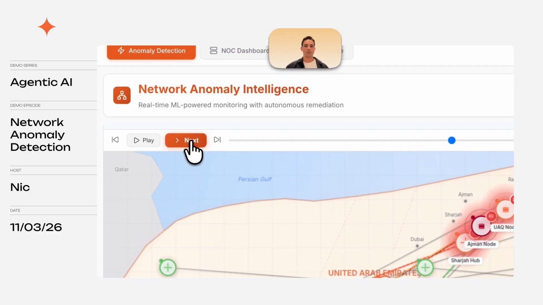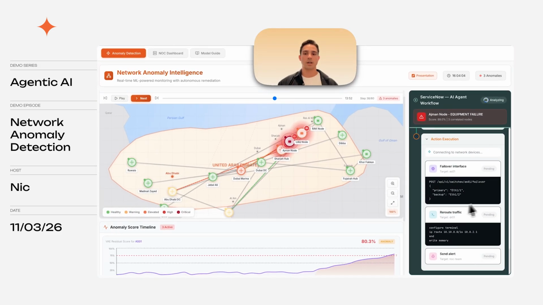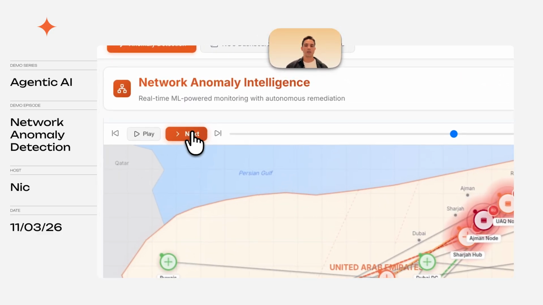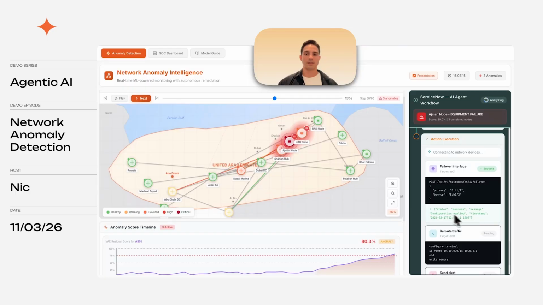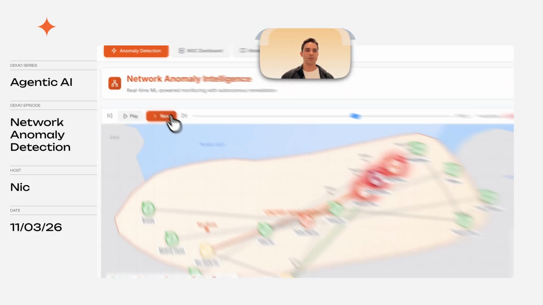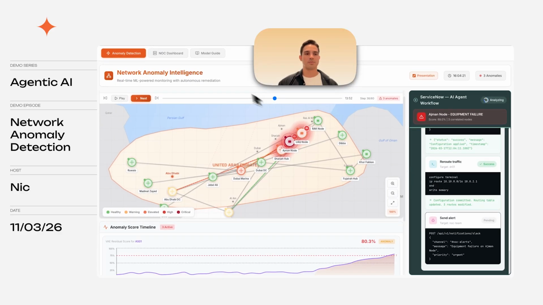So you'll see it will now actually go and trigger specific API calls. So it's failing over to this particular device, rerouting traffic, and then it's sending an alert. You can see we've gotten all of our API responses as successful, rerouting traffic successful, and then the alert is pending because they're still waiting for that to come through on the system.